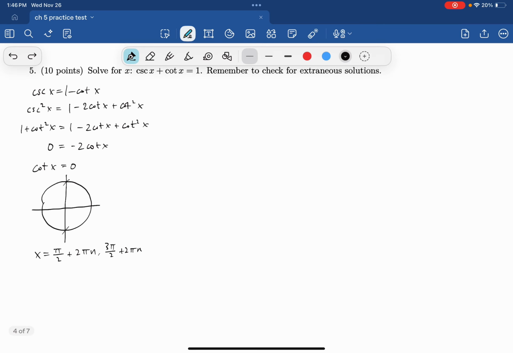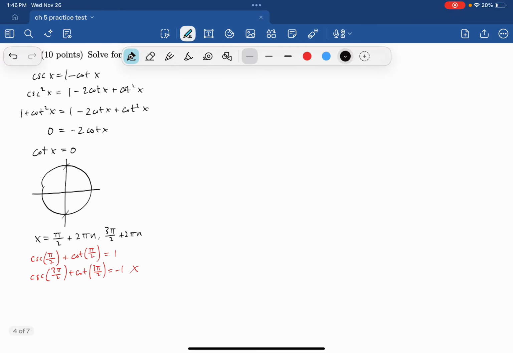Well, indeed, when we check these solutions, we're going to find that cosecant pi over 2 plus cotangent pi over 2 equals 1, so that's good. But cosecant 3 pi over 2 plus cotangent 3 pi over 2 is actually equal to -1. And so that's not correct. And so the final answer is only pi over 2 plus 2 pi n. And 3 pi over 2 is discarded.